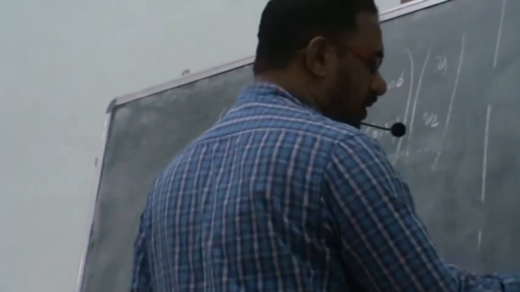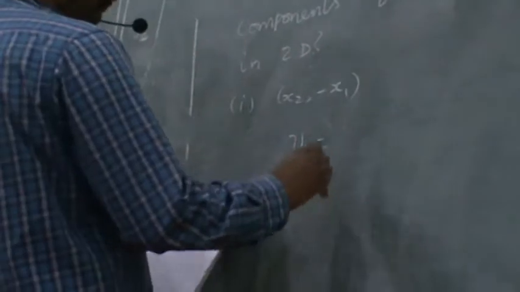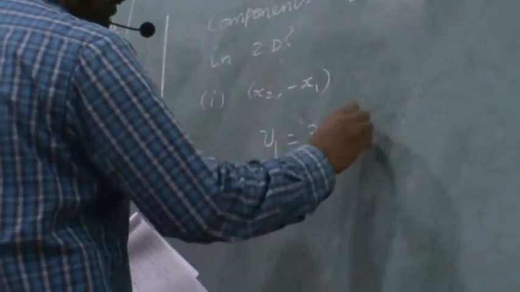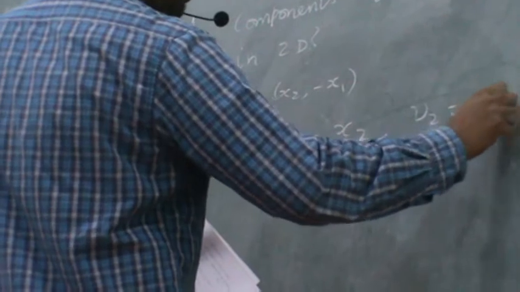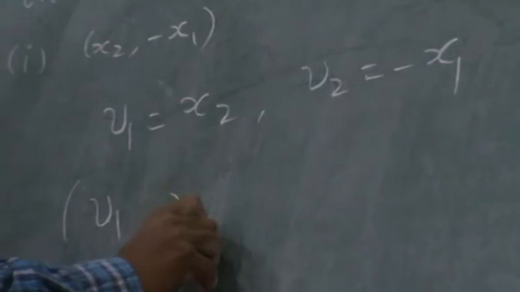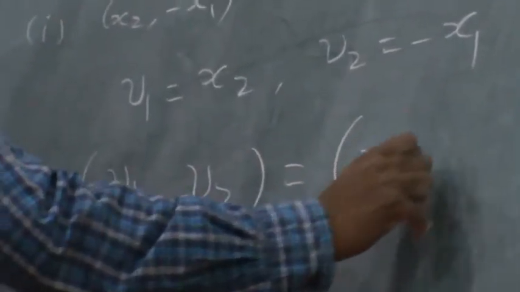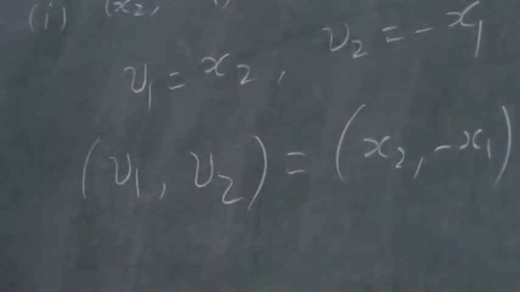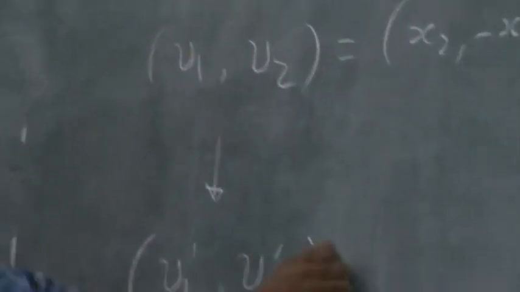Now let us identify this x2 and x1. We call v1 as x2 and v2 as minus x1. So this is my old coordinates, which is nothing but x2, minus x1, right? Old coordinates. The new coordinates, if I transform this using the orthogonal transformation, can be written as v1 prime, v2 prime.